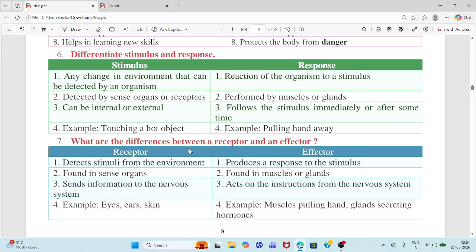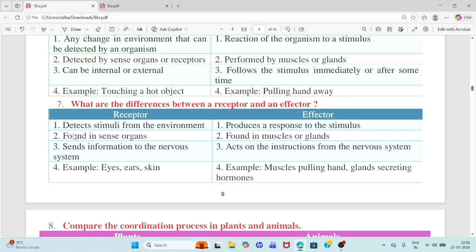Seventh question. What are the differences between a receptor and an effector? Receptor detects stimuli from the environment, effector produces a response to the stimulus.